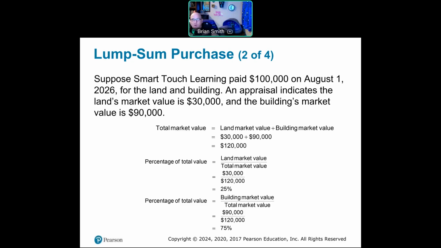100,000. So we're going to take the total fair market value, divide the fair market value of the land by that total, and the building's market value by that total, to come up with a percent. In this case, 25% of the fair market value was land, and 75% was the building.